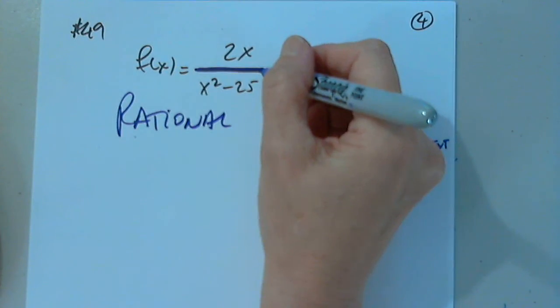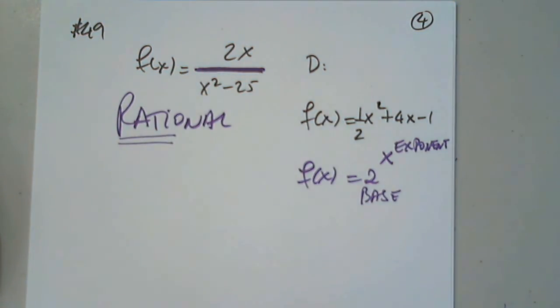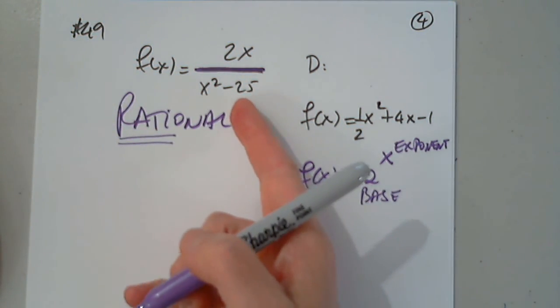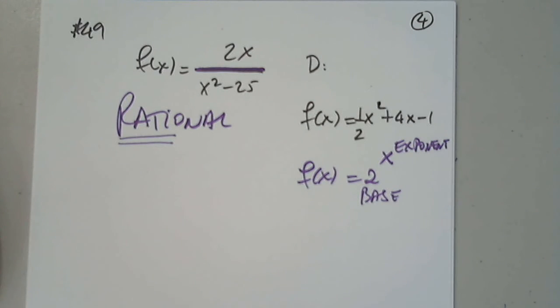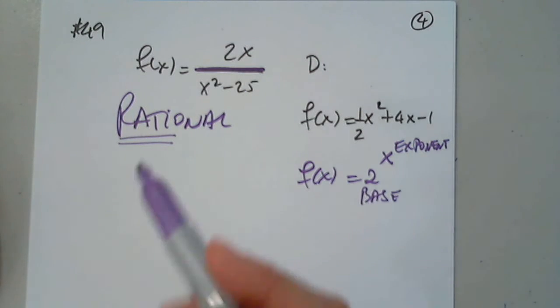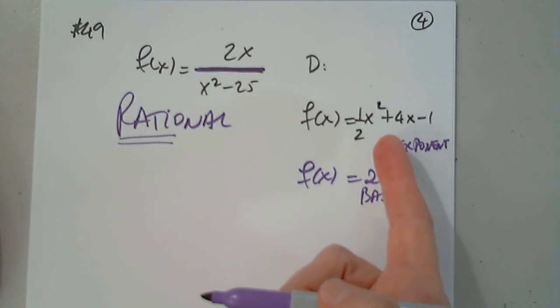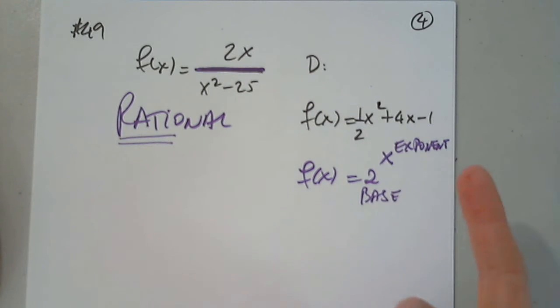Once you see the ratio, it must be a rational function as long as it has the variable in the denominator. If it doesn't have the variable in the denominator, it's not a rational function. Good. So what could happen to a rational function that could never happen to a quadratic or an exponential?